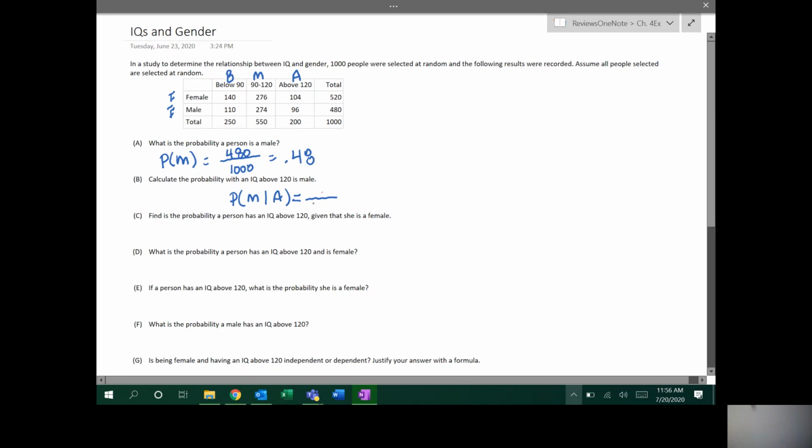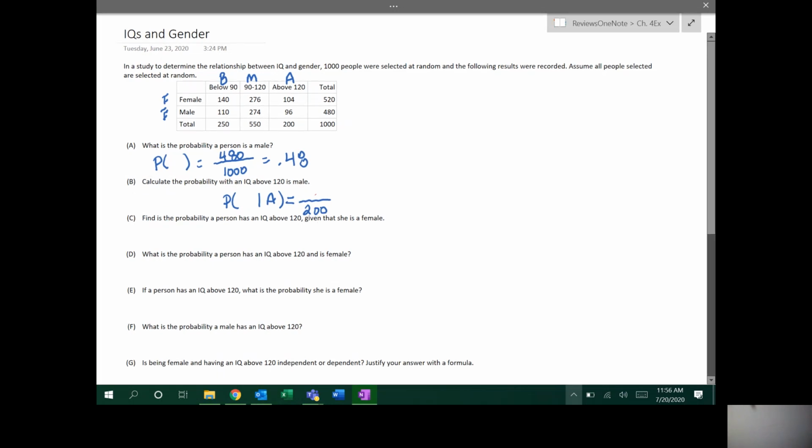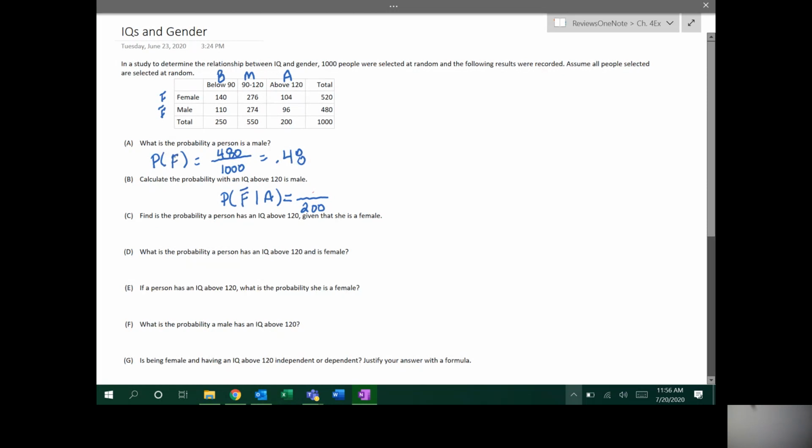And we always divide by the total, and we know that the total in column A is 200. Oops, and I did in these two examples what I said I shouldn't do. I used M and I should be using F complement, which will make a difference later on. And of those 200, 96 are male. So we get another 0.48.